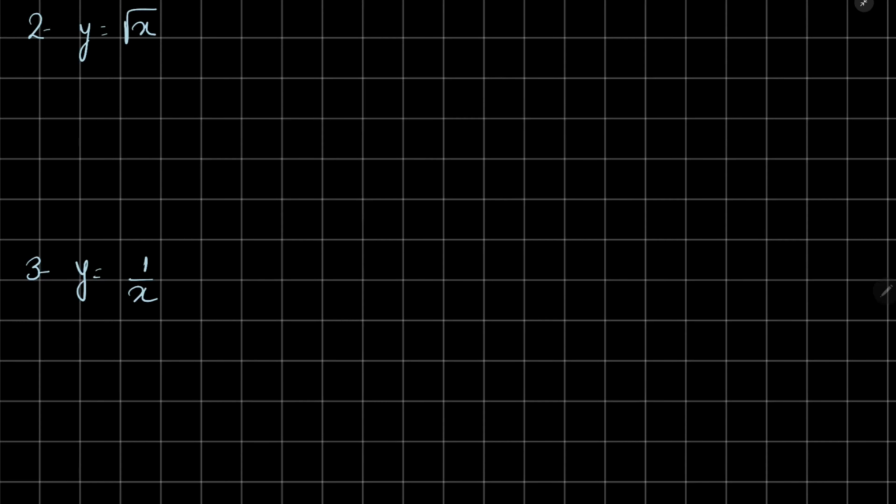Let's now take these two examples of numerical functions in order to determine their domain and their range. Let's now start with the function y equals radical of x. We know from elementary school that the number under the radical or the square root must be greater than or equal to 0. Then x in this case must be equal to or greater than 0.